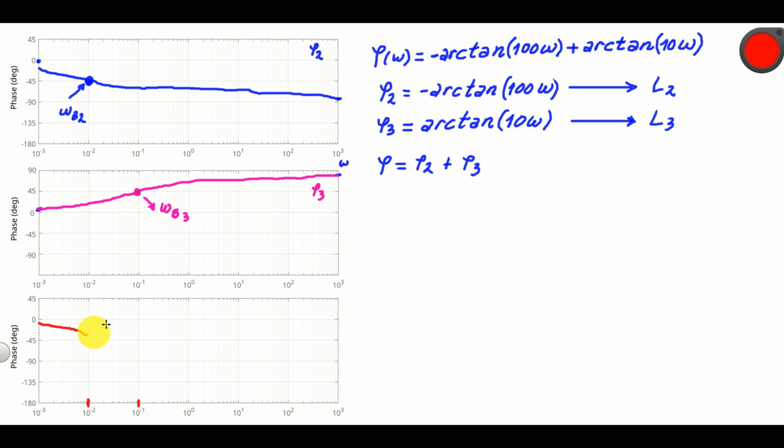And let's see what happens here at the break frequency. At the break frequency WB2, phi 2 is minus 45 degrees, however phi 3 is positive, and consequently we are not going to hit minus 45 at the break frequency. And then we will keep on going down. Now over here, we don't know exactly the values that our function will take. We are just assuming the values, and we are just sketching the graph.